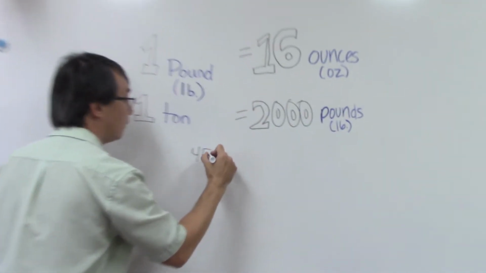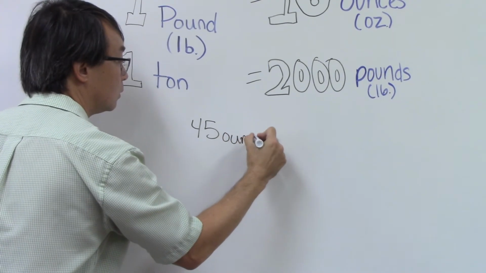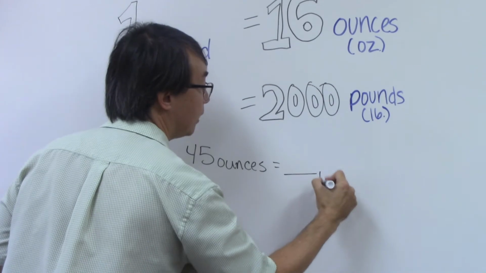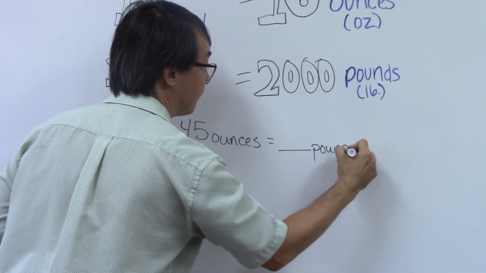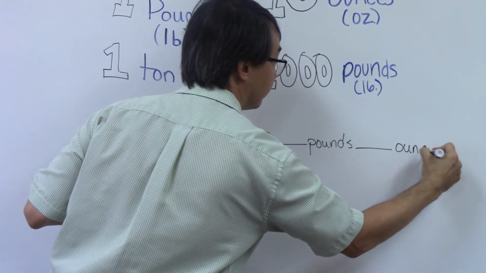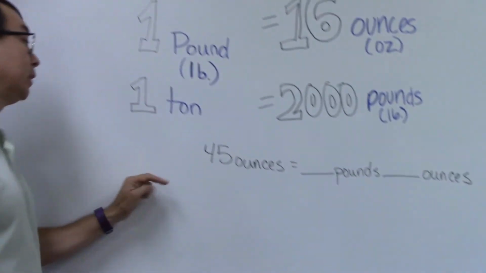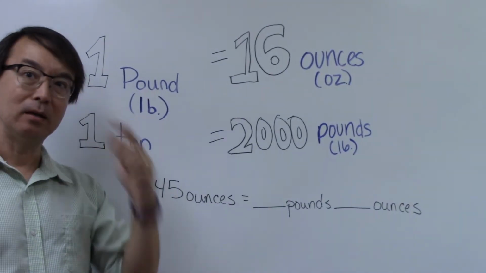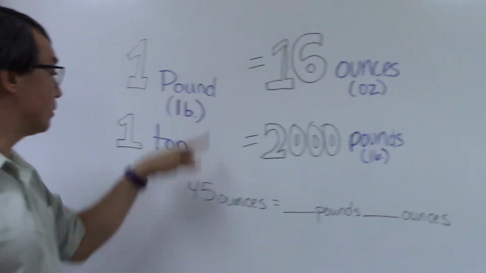I'm looking at A. Okay? And it says 45 ounces equals blank pounds, blank ounces. Okay? Now we know that 45 is much more than 16.